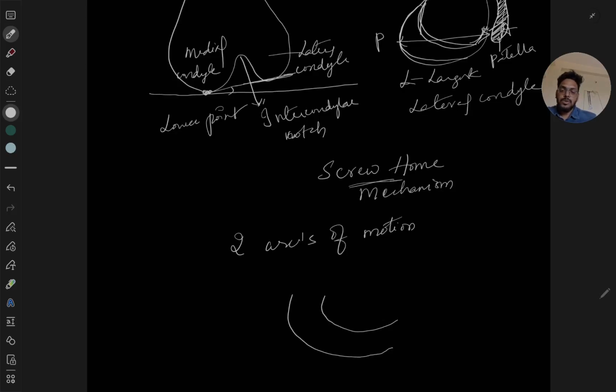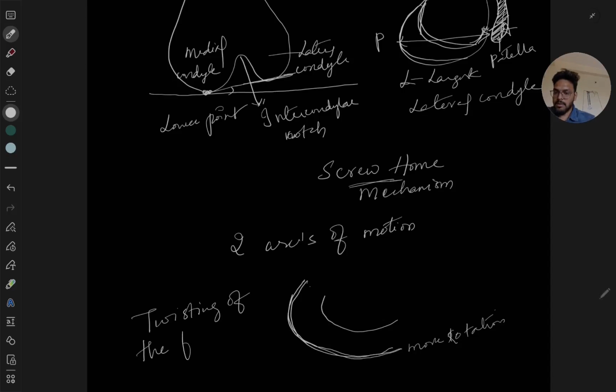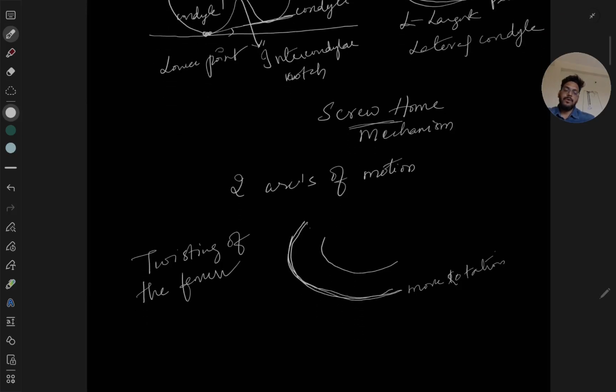So the lateral condyle, which has the larger arc, will have more rotation, and this will cause twisting of the femur.